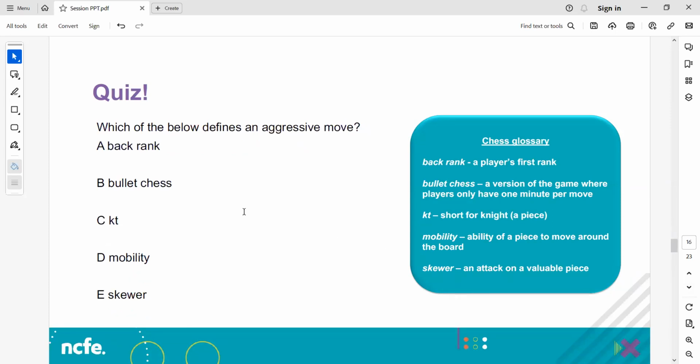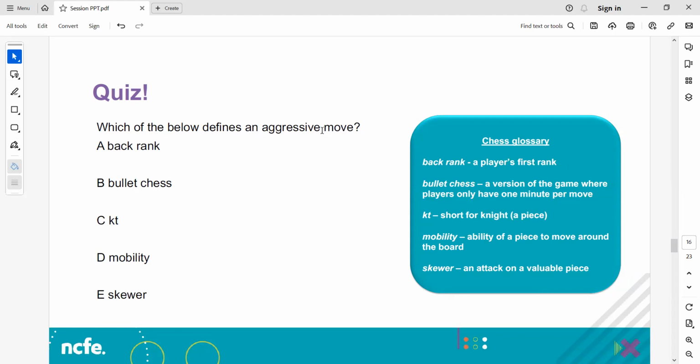So which of the below defines an aggressive move? Back rank, we read the definition in the glossary, a player's first rank. Does that sound aggressive? No. B, bullet chess, a version of the game where players have only 1 minute per move.